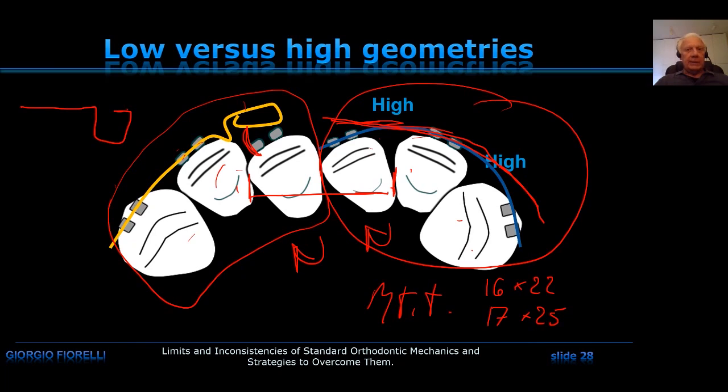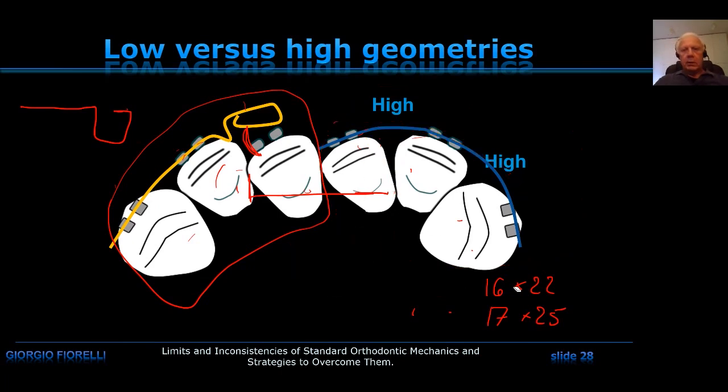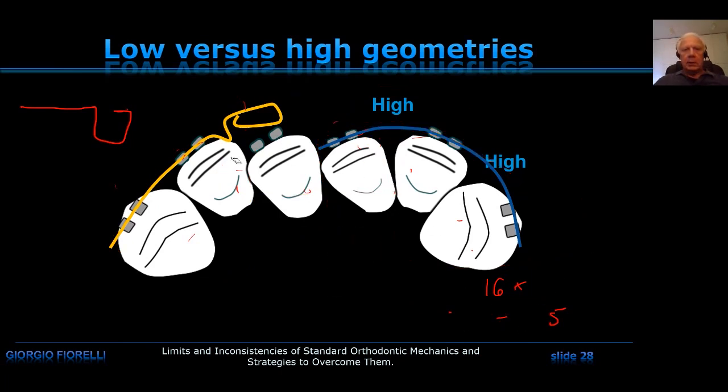We have to increase the space. So either you make an interproximal reduction to get the space, but rather than doing this, most of the time you can simply increase the space, and this is very easy if you have divided the arch in two parts.